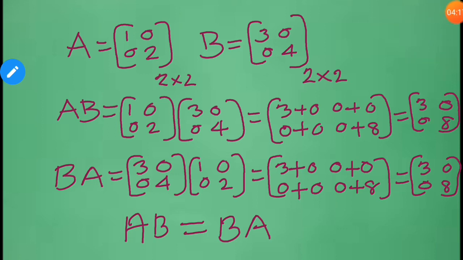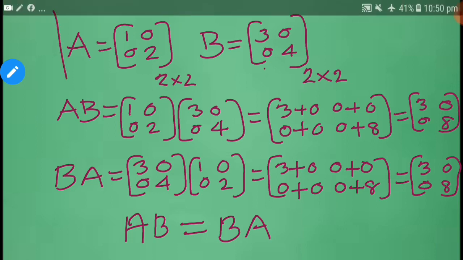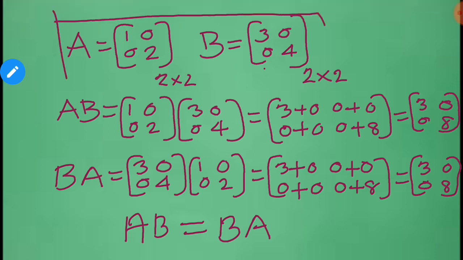Just look at these matrices A and B. A equal to 1 0 0 2 and B equal to 3 0 0 4. What type of matrices are these? Can you say? These A and B are diagonal matrices of the same order.